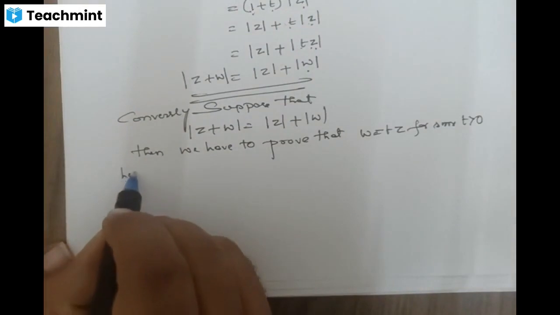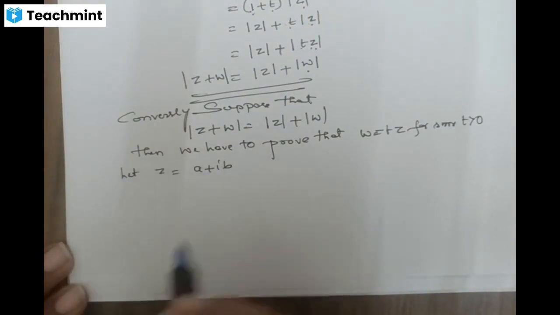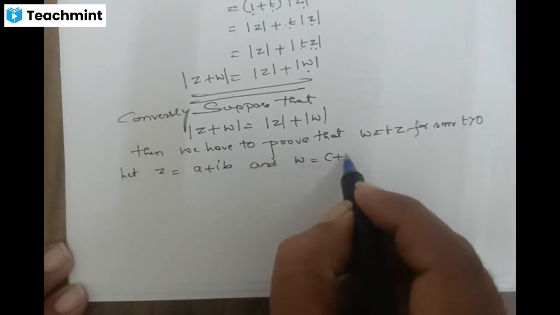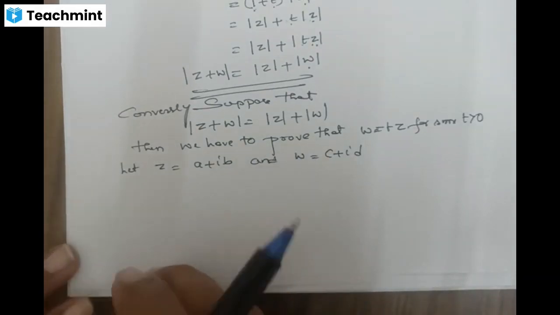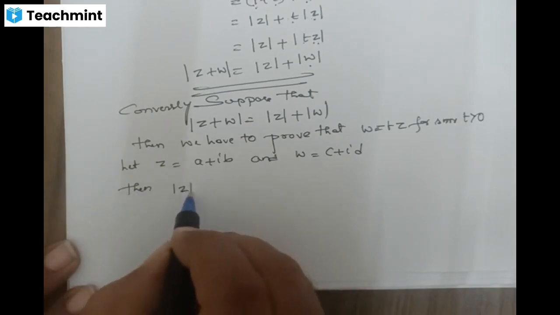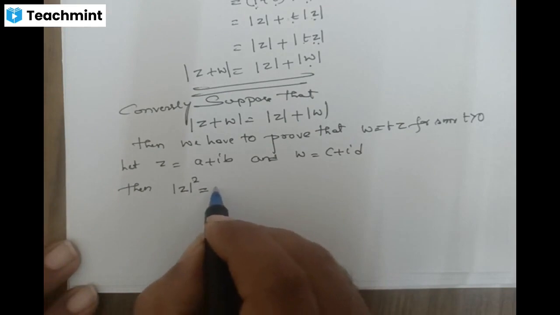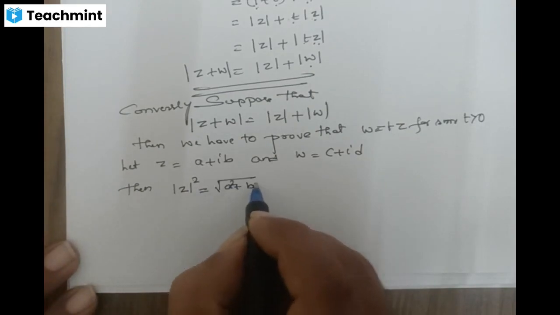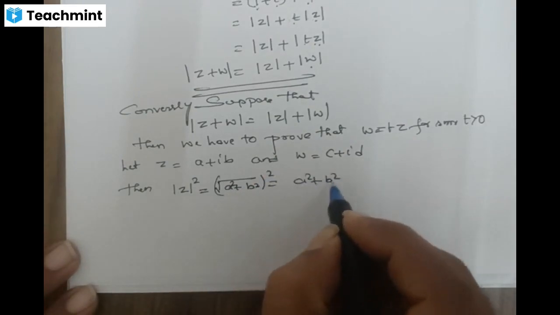Therefore I will write let z is equal to a plus ib, and w is equal to c plus id, because w and z will be complex numbers. Okay, so then what about mod z whole square? Mod z whole square, you know that mod z means it's a root of the real part whole square plus imaginary part whole square, which is equal to a square plus b square.